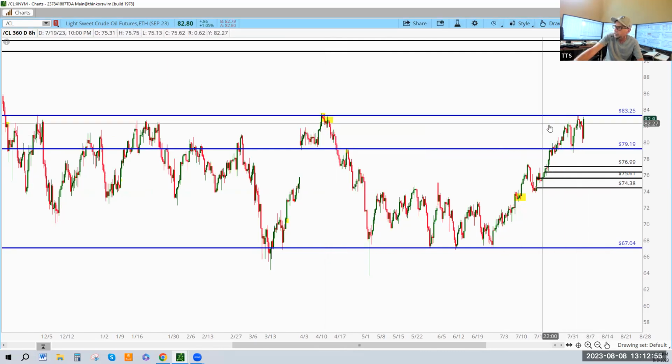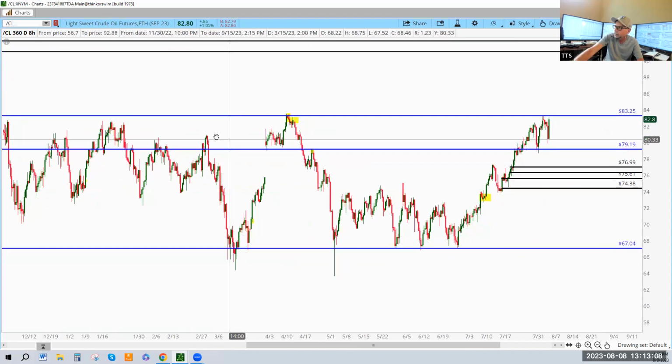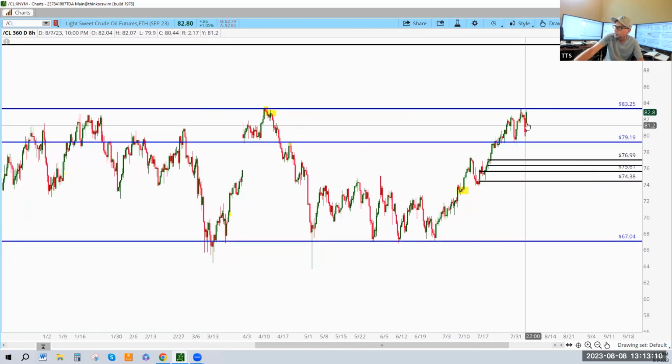So it's going to be interesting to see if we eventually do break out. The next question would be, if it does break out, how far does it go? The next level is all the way up to around 91 on oil. But again, be careful with breakouts, because they could be prone to some whipsaw.